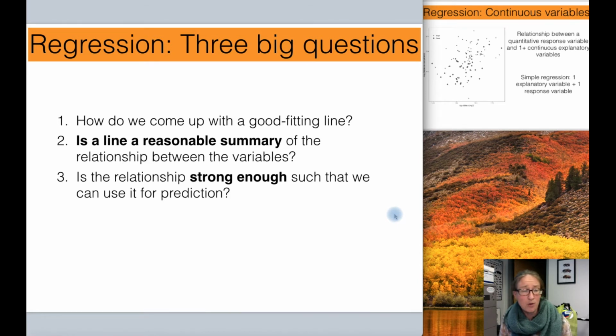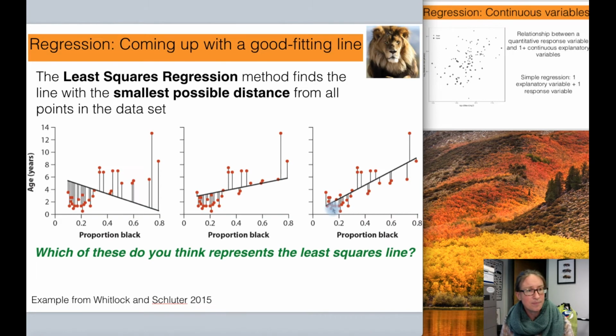And then the third question, which is related to that second question, is, is that relationship strong enough such that we can use that relationship for prediction? And that's a distinct question from number 2. So I want you to think about each of those components a little bit differently, and I think the reasons why will become more clear as we work through some of these examples.